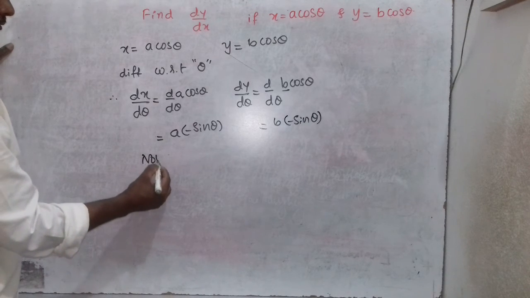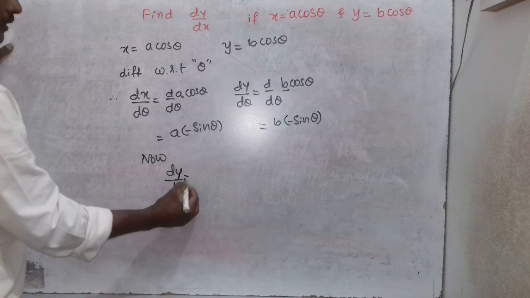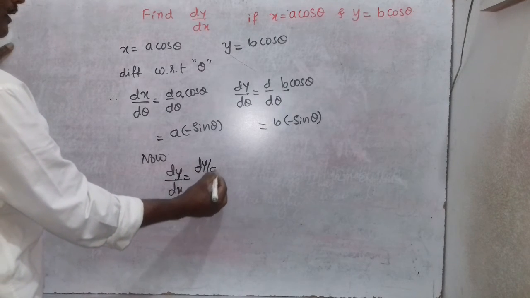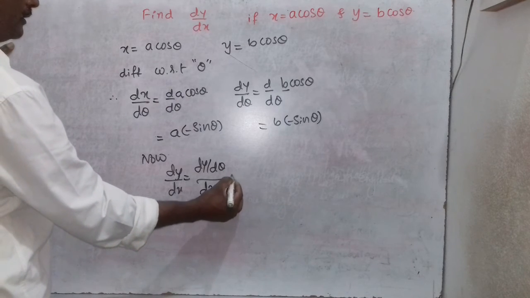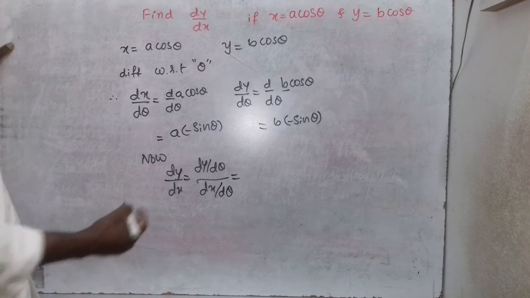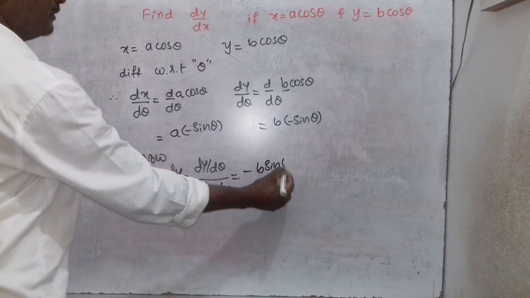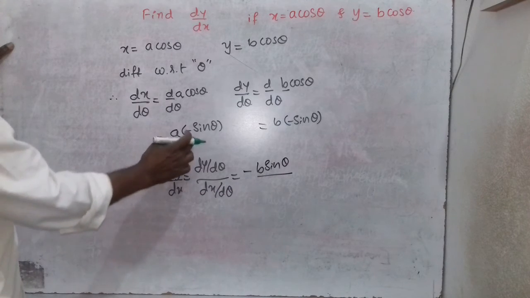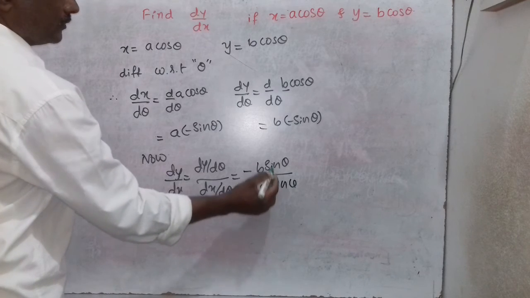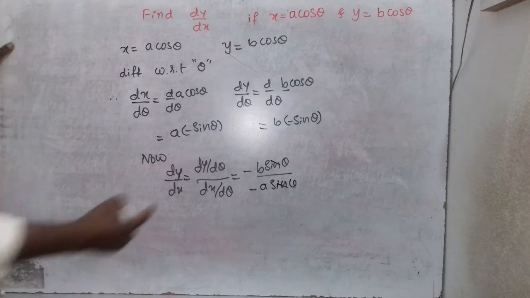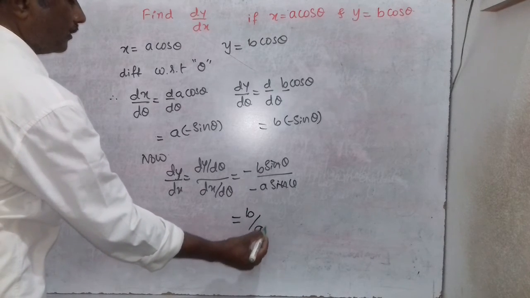Now dy by dx equals dy by d theta divided by dx by d theta. dy by d theta is minus b sin theta, dx by d theta is minus a sin theta. So sin theta cancels, the minus also cancels, and this equals b upon a.